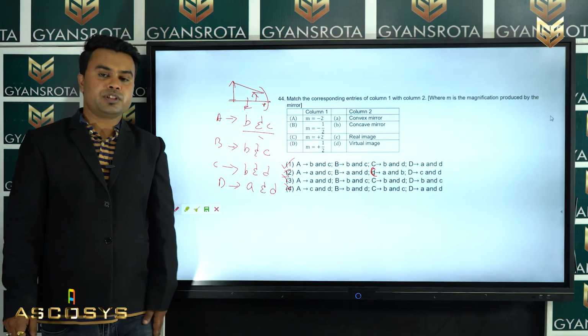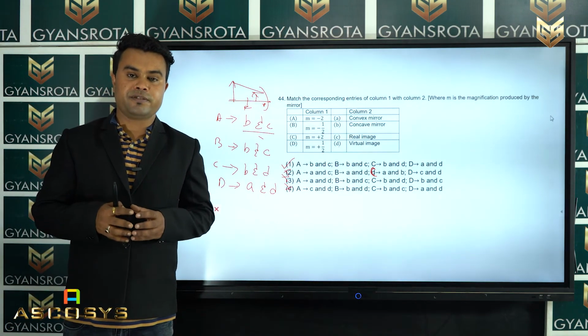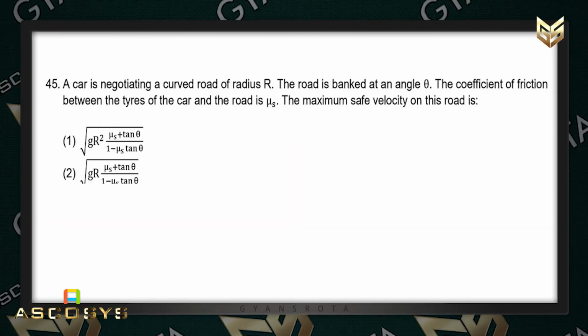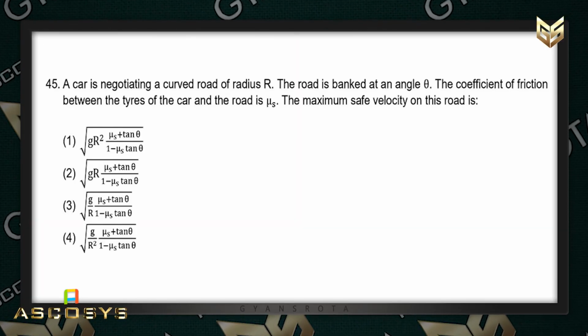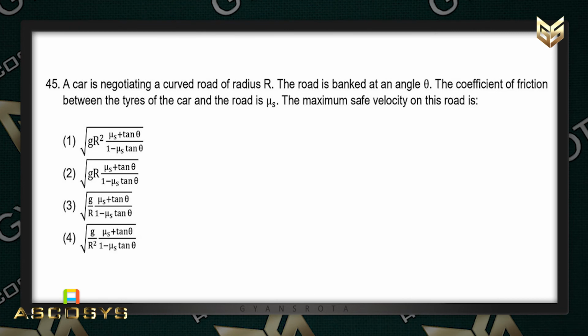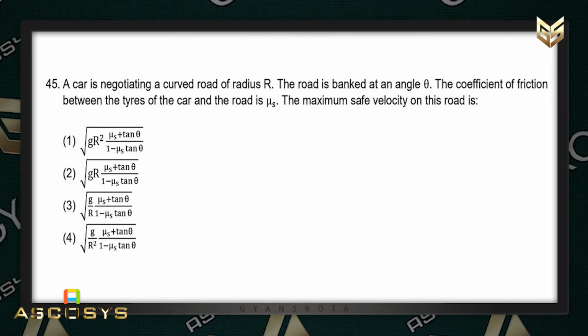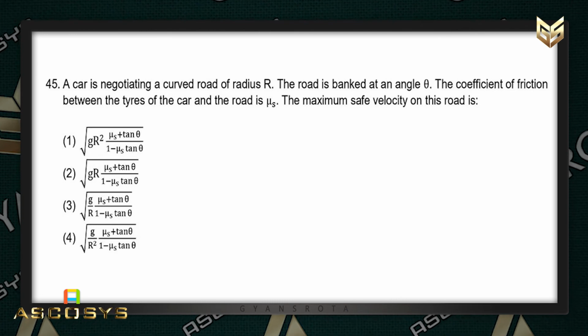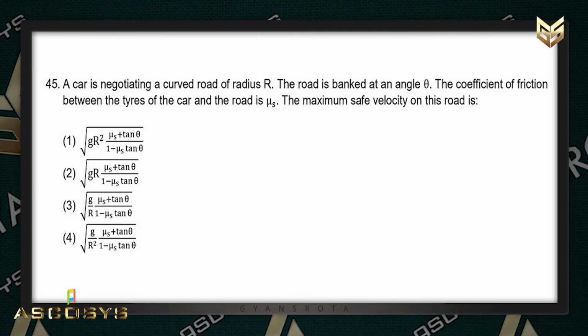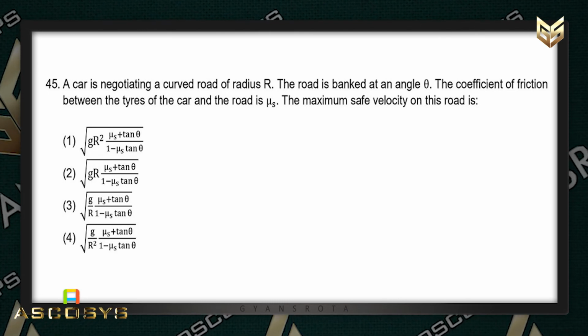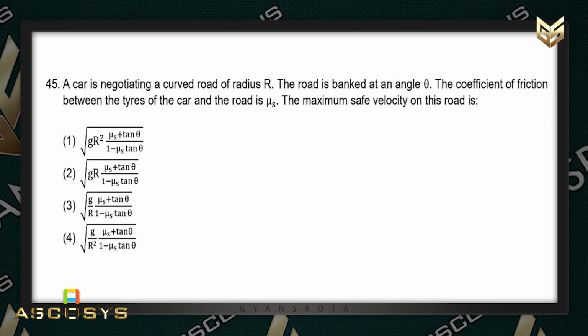So now let us move to the next question, that is question number 45. A car is negotiating a curved road of radius r. The road is banked at an angle theta. The coefficient of friction between the tire of the car and the road is mu s. The maximum safe velocity on the road is?